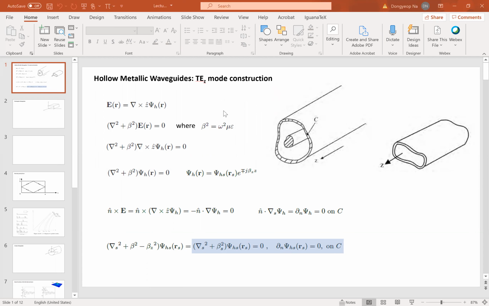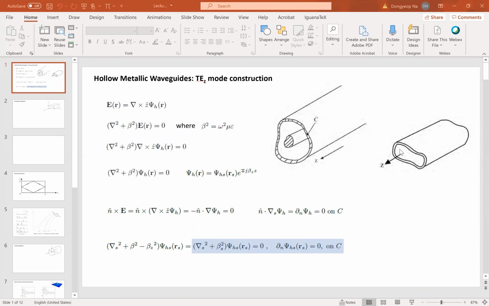So in this lecture, we're going to study the field behaviors in hollow metallic waveguide on the right-hand side here. The left figure describes the coaxial waveguide consisting of two disconnected metallic structures. We know that this waveguide can support TEM waves, in which electric field and magnetic field are perpendicular, and also perpendicular to the propagation direction.